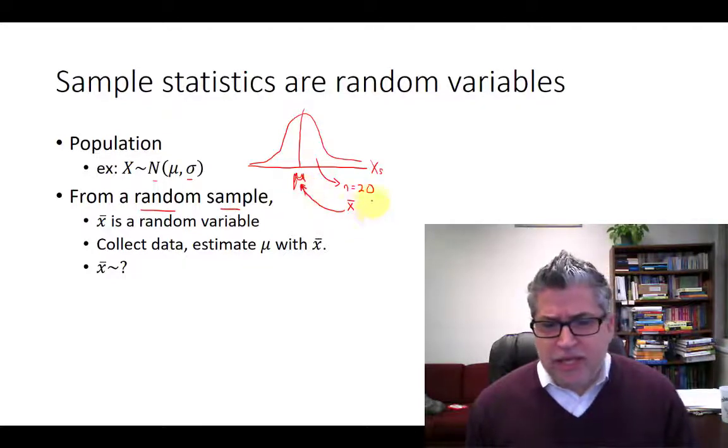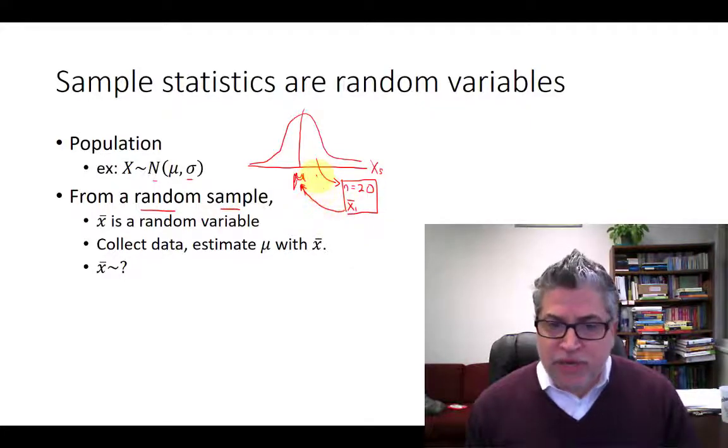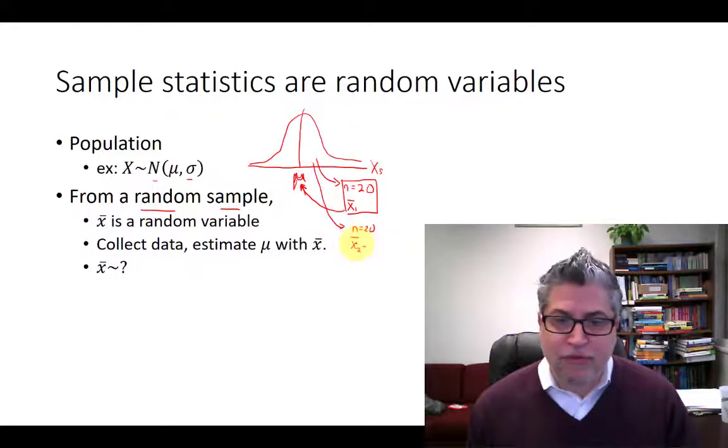Here's the thing. If we took this particular sample of 20 people, we got a particular estimate, let's call this X bar 1, that estimate of mu. But if we had taken a different 20 people, we would get a different sample average.